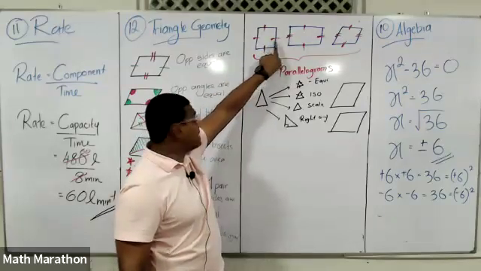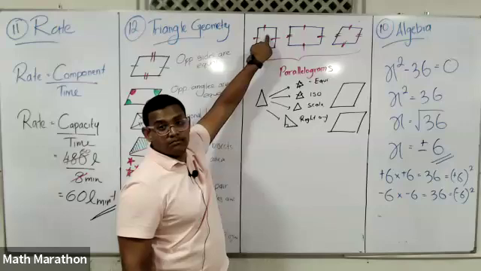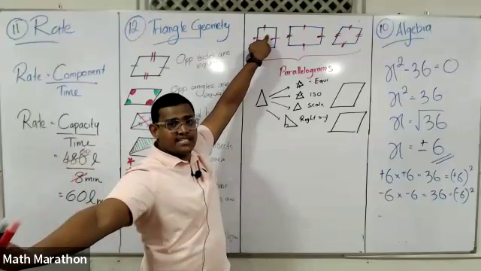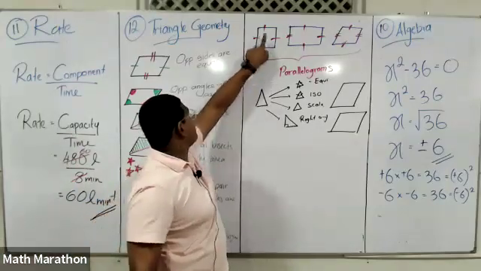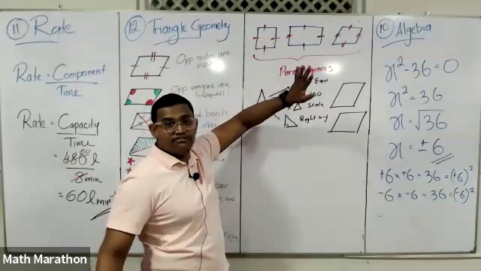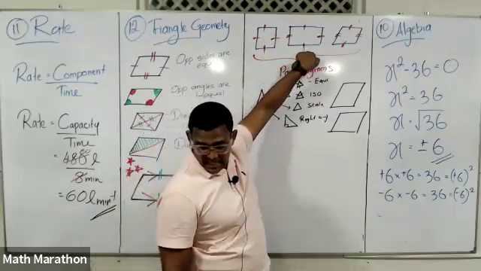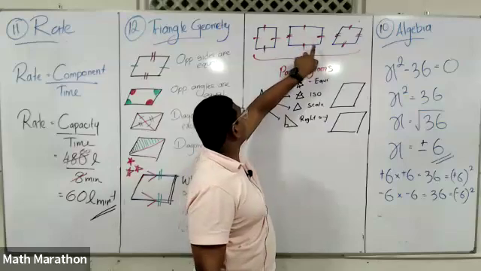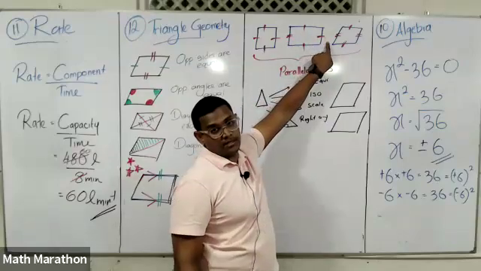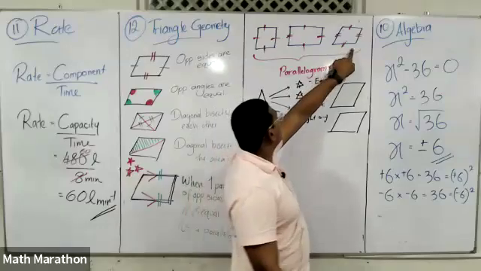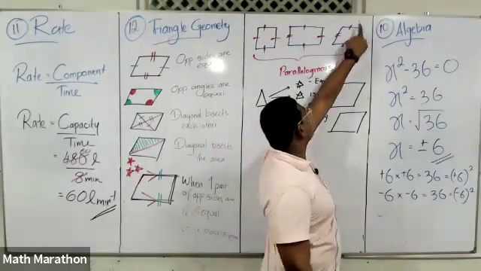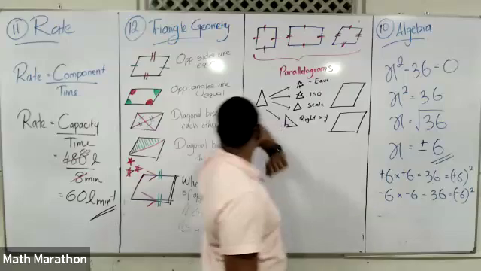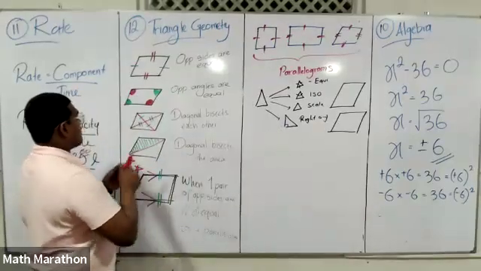The special case is all 4 are equal. That's an extraordinary special case. But opposite sides are equal. That's enough for us. Rectangle, opposite sides are equal. That is enough. Rhombus, opposite sides are equal. Enough.